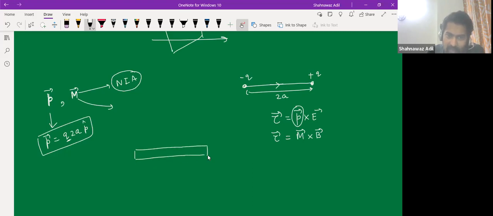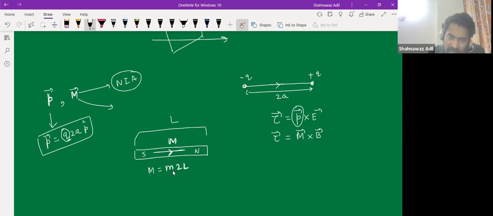this magnetic monopole. If I assume a monopole, with south and north, the direction of the magnetic monopole is in this direction. So this is my M direction, and this is defined as m into 2L. Let's say this distance is L, so this is m into 2L.